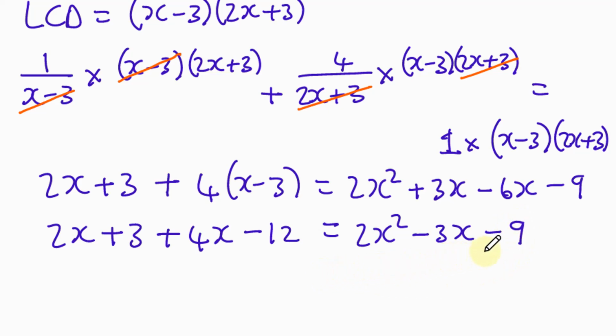We want to bring all our terms to the one side, but we have like terms that we can add on the left-hand side. So 2x plus 4x is 6x, and 3 minus 12 is negative 9.